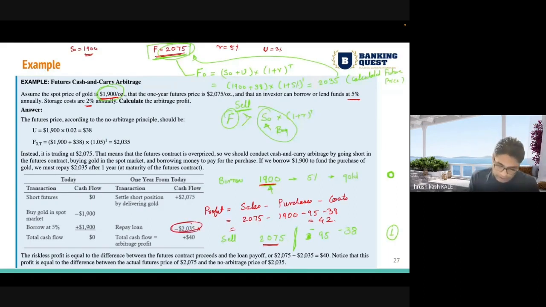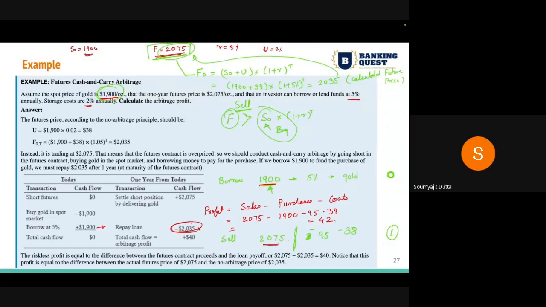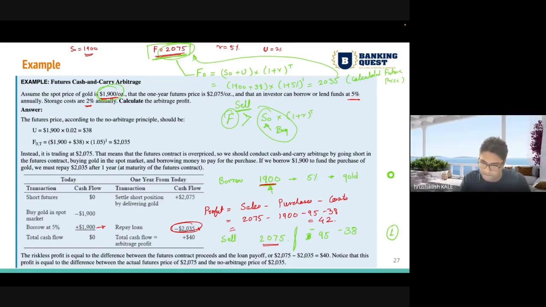Look, 1900 they are borrowing and they are repaying 1900 plus 5%. Why am I getting 2 rupees extra, I'm not sure.